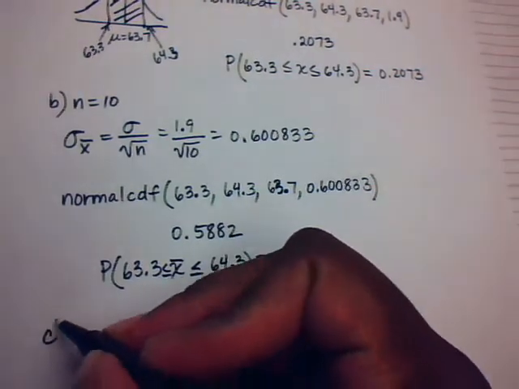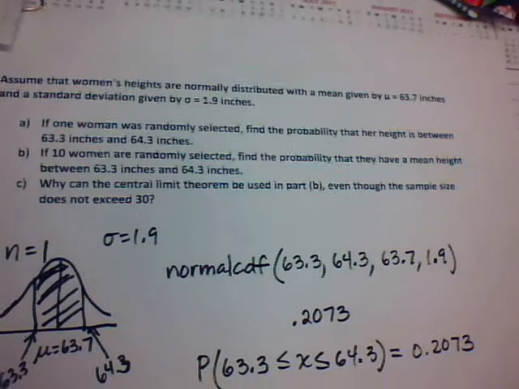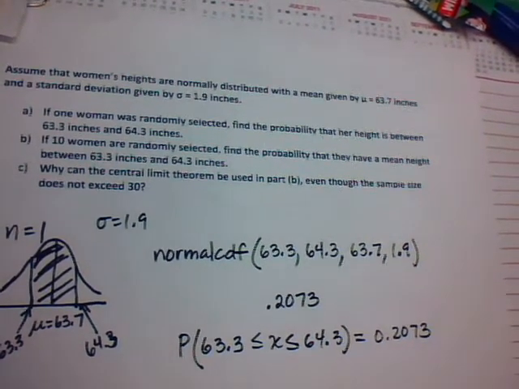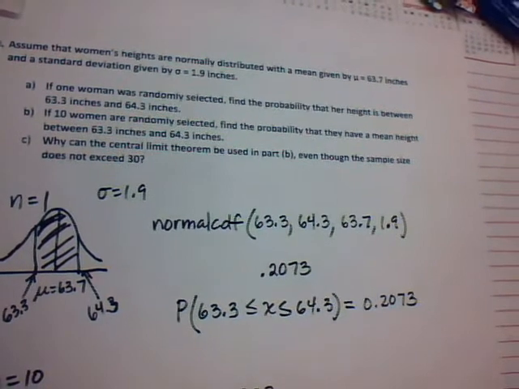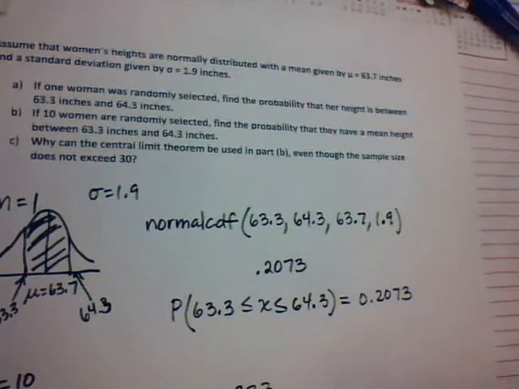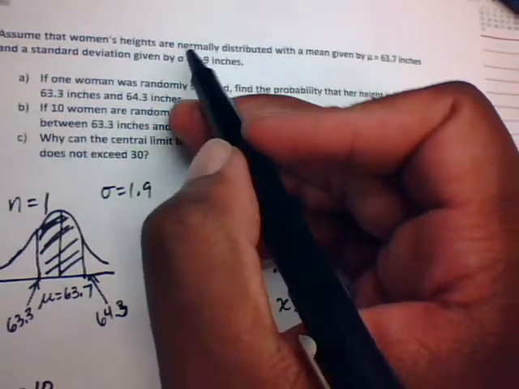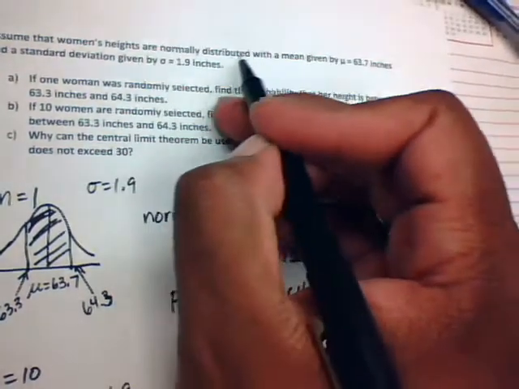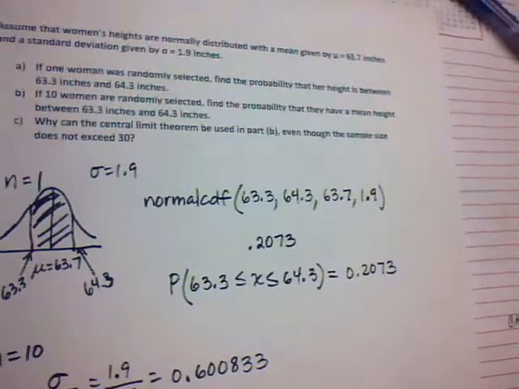Now they ask in part C, why can the central limit theorem be used in part B even though the sample size does not exceed 30? Well, the reason for that is this. In the problem, we're told that our heights of women are normally distributed. So that tells us that we can use the central limit theorem.